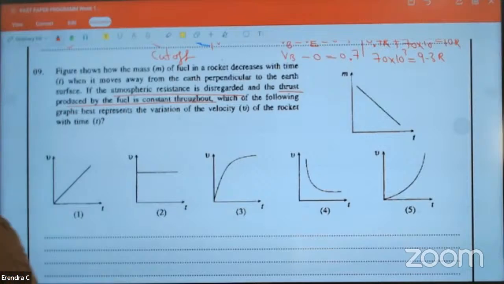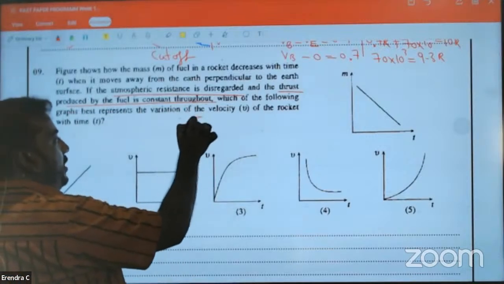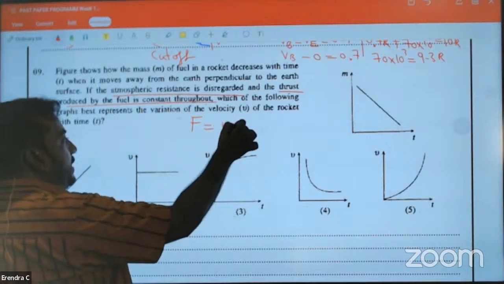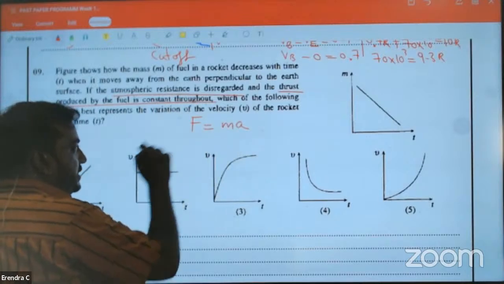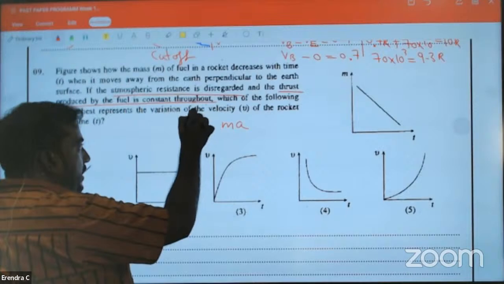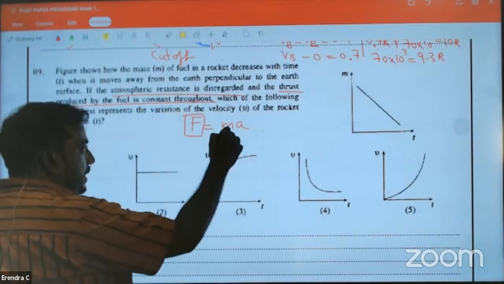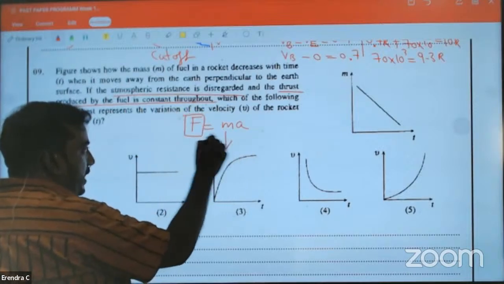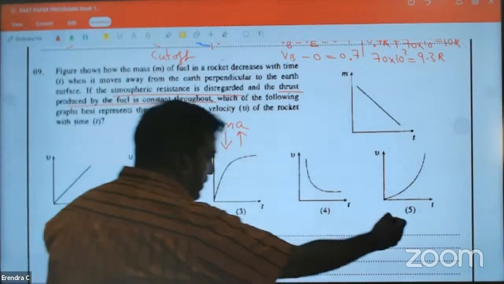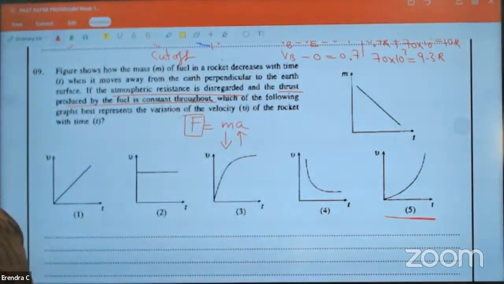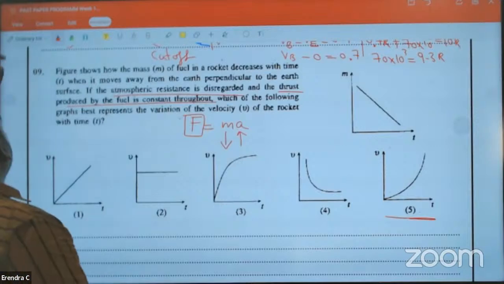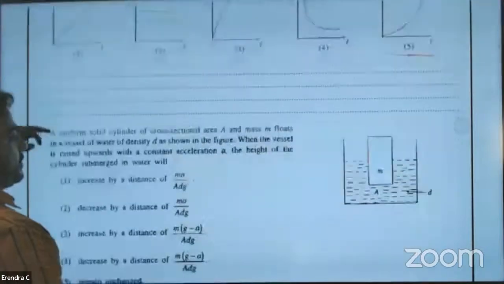So here F equals MA. Force is constant and mass is reducing. To keep this constant, acceleration should increase. Acceleration increasing is graph number 5.